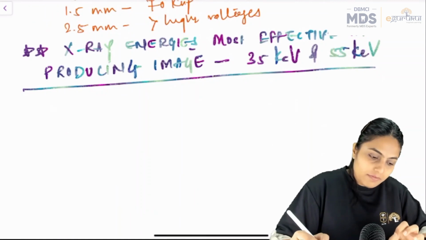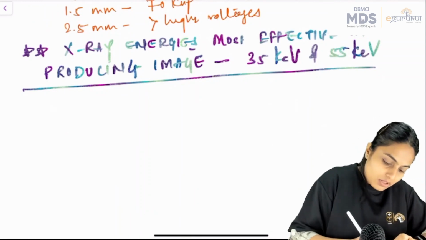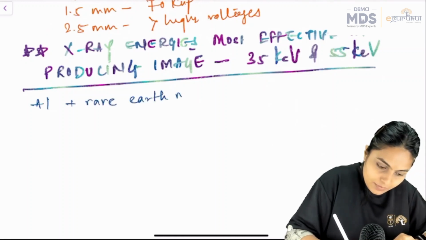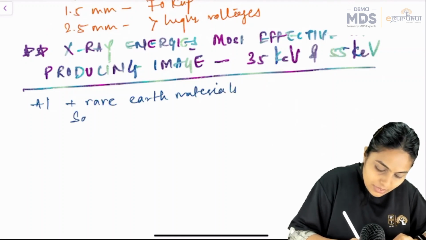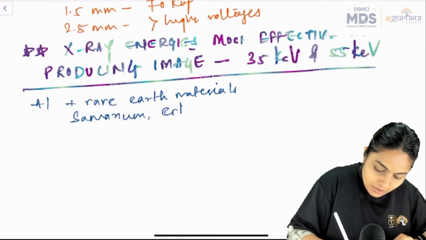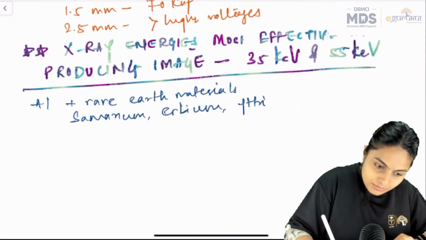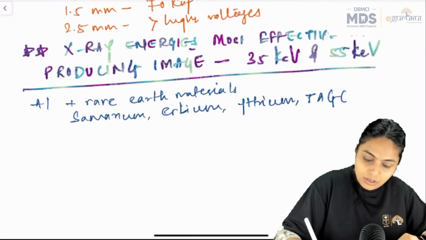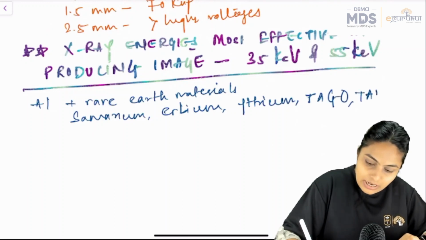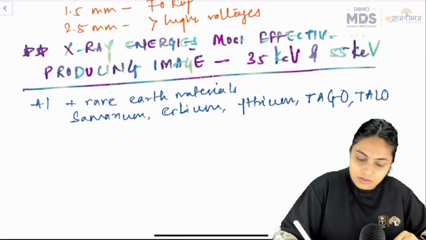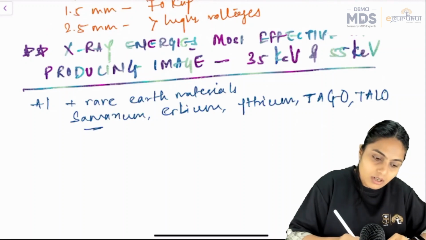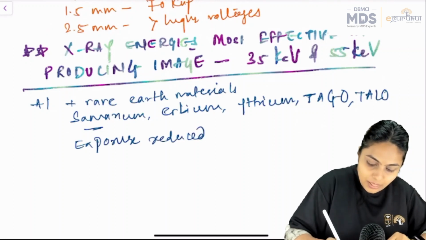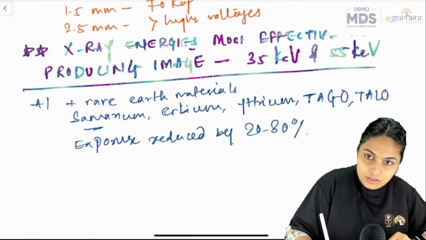Now if we use aluminium with rare earth materials like samarium, erbium, yttrium, and those two, terbium activated gadolinium oxysulfide or thulium activated lanthanum oxybromide that we discussed earlier, the exposure is reduced by 20 to 80%.